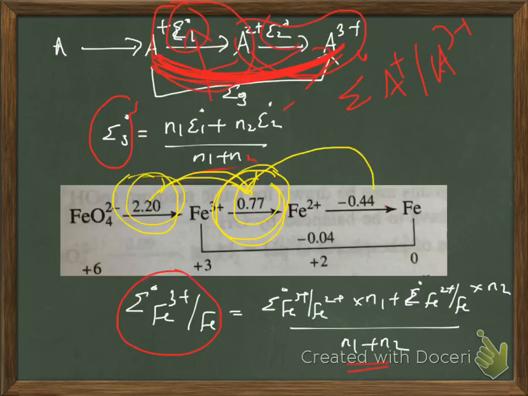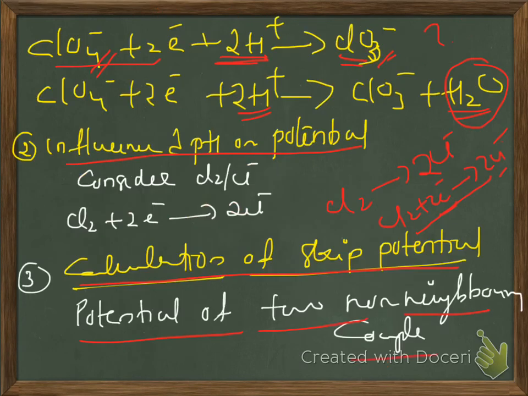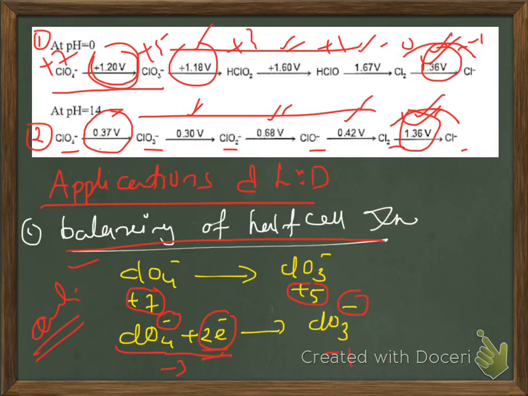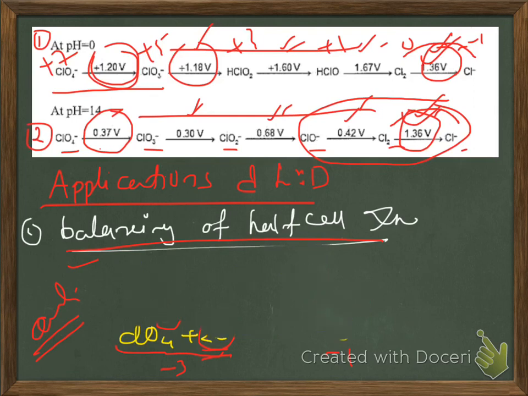This kind of disproportionation you can also see in the diagram for chlorine. Yes, you can see here in basic medium, please consider the diagram at the last end, that is ClO minus, Cl2 and Cl minus.